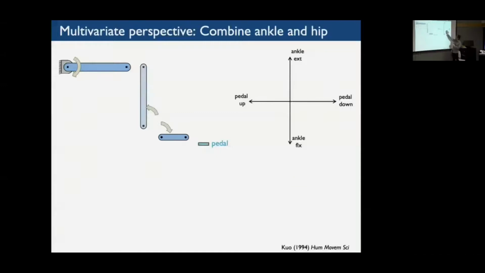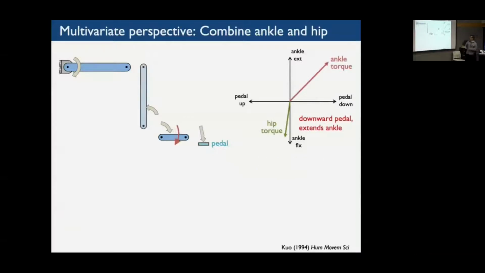I like to draw the effects as a diagram where you have, say, ankle extension and ankle flexion acceleration on one axis, and then upward or downward force on the pedal on another axis. And then I like to draw the effect of the hip torque, which is both to produce the upward force on the pedal, which we didn't like, but also to cause ankle flexion.